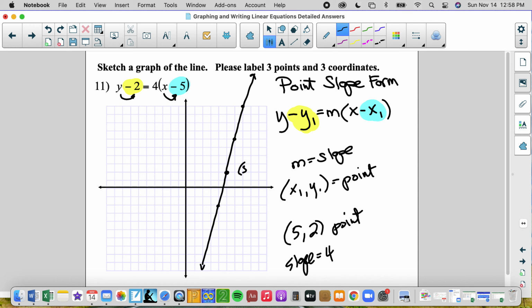So this is the point 5, 2, as we know. This is going to be 6, 6. And this will be 7, 10. And this point is 4, negative 2. You should have 3 of those 4 points as your points.